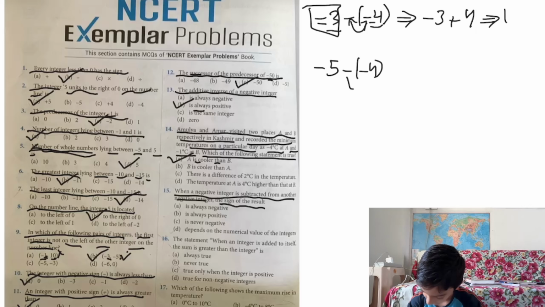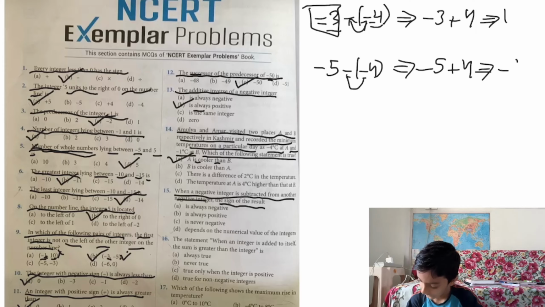Now here, it will be minus plus 4, -5 plus 4, which is equal to -1. Here we are subtracting a negative integer from another negative integer, but the results are different. So from here we can infer that the result depends on the numerical value of the integer. So the correct answer of question 15 is option D, which is depends on the numerical value of the integers.